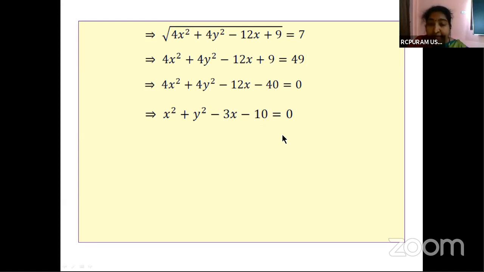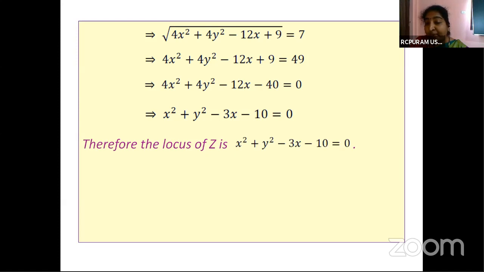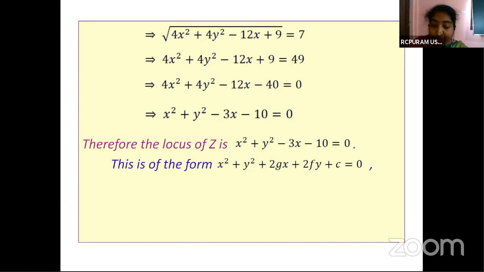So this equation representing the locus of the given complex number is x square plus y square minus 3x minus 10 equal to 0. And this equation is of the form x square plus y square plus 2gx plus 2fy plus c equal to 0, which represents a circle.